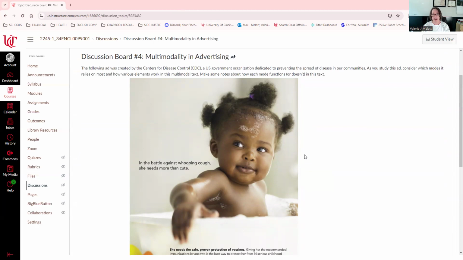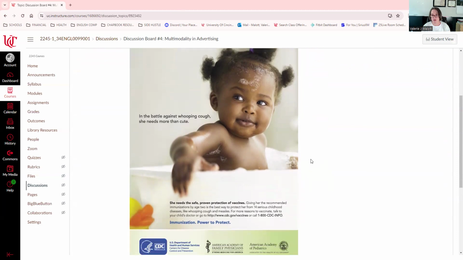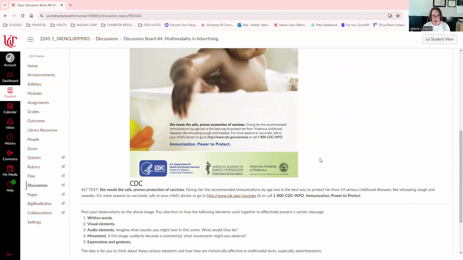This is a still ad. It was created by the CDC. And as you study the ad, think about the various modes that are being used, right? We have visual modes, we have the words, the linguistic or alphabetic mode. So pay attention to the written words, the visual elements.